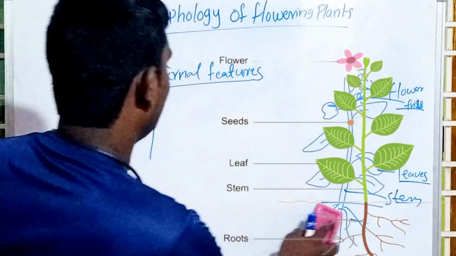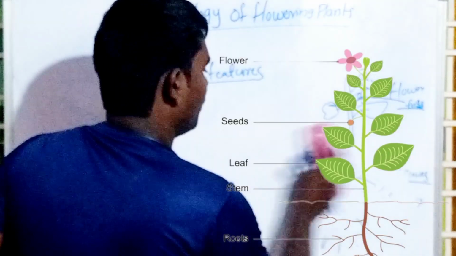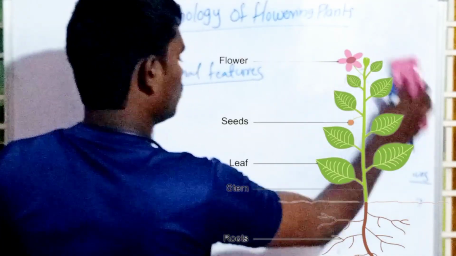It is mainly of two types: root system and shoot system.